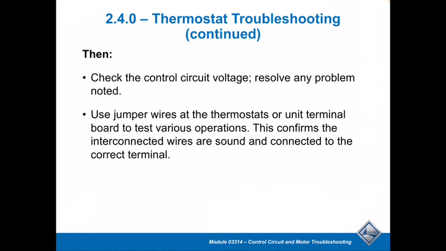So sometimes when we have a thermostat that doesn't work or equipment that's not working, I think it makes a lot of sense to go with jumper wires and try to figure out whether it's the thermostat or the wiring or the equipment. So if I go to the thermostat and put jumpers on the terminals where we wired it, I would enable certain modes, and I should see the result or the changes of that.